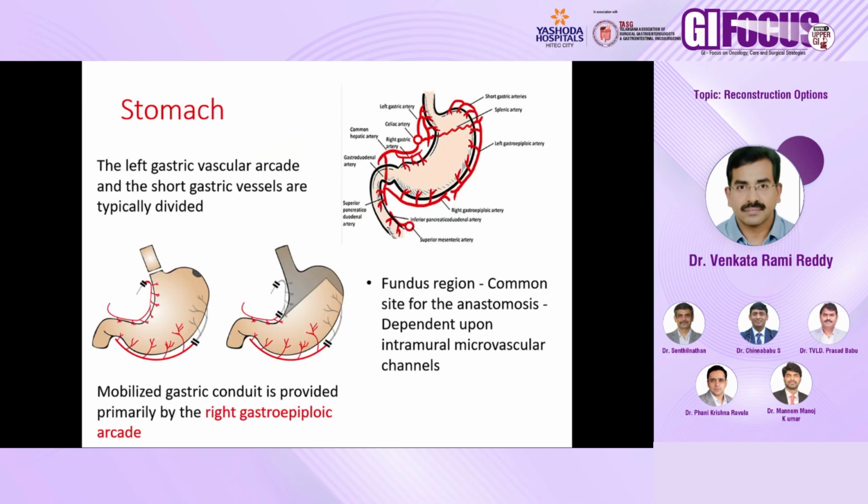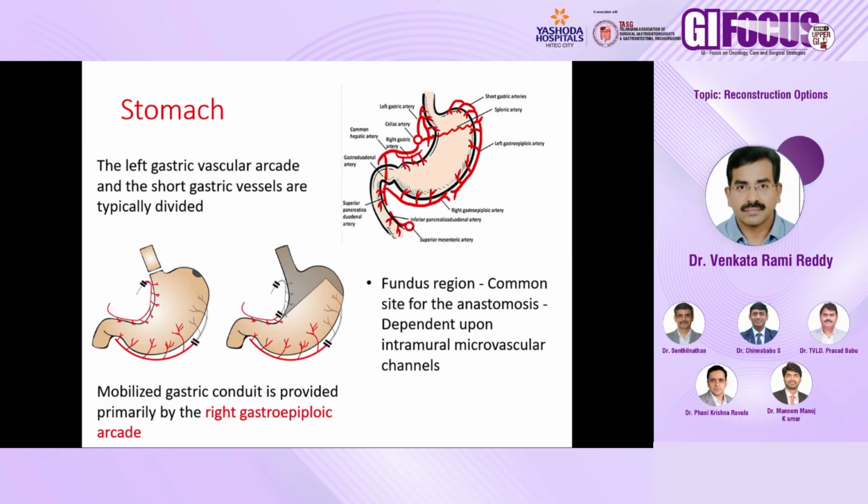As for the gastric pedicle, you can see how it is made later. But basically, you look at all the blood supply here. When you mobilize and make a gastric conduit, it is the right gastroepiploic vessel arcade that is going to supply your gastric conduit. But the fundus is the area where there is not much vascularity, because you would have taken even the short gastrics.